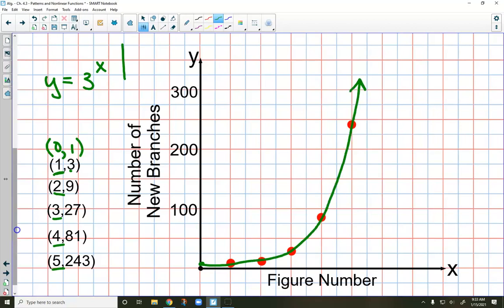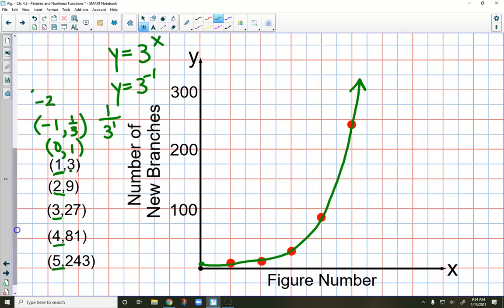And we can kind of see that graph. Now this graph is going to be different than the last one. It's not going to be an asymptote. It's not going to kind of flip and mirror itself into the third quadrant. Okay? If we start to substitute in negative numbers here, all right, so again it was y equals 3 to the x power. 3 to the negative first power, we're thinking of that as 1 over 3 to the first power, which is just 1/3.